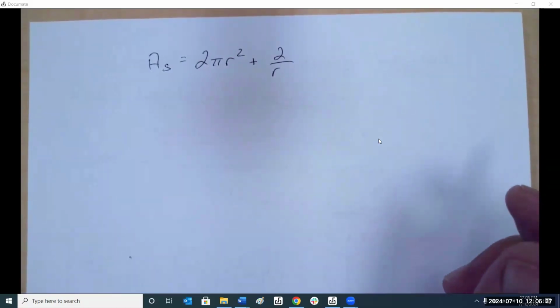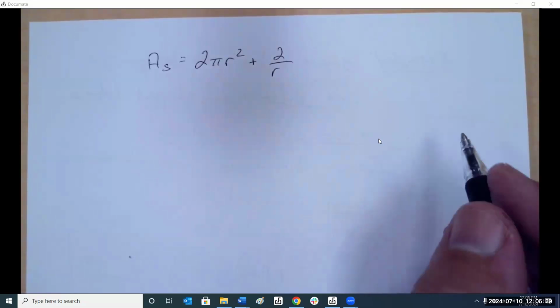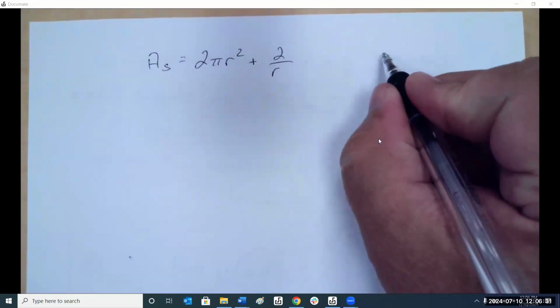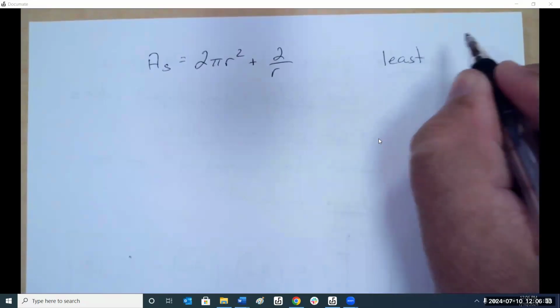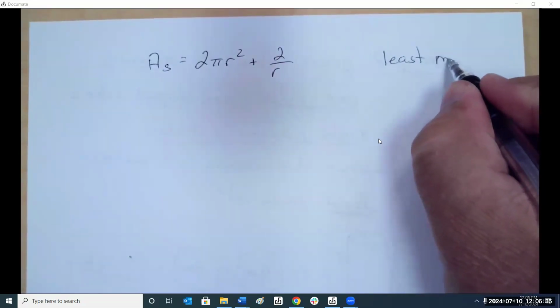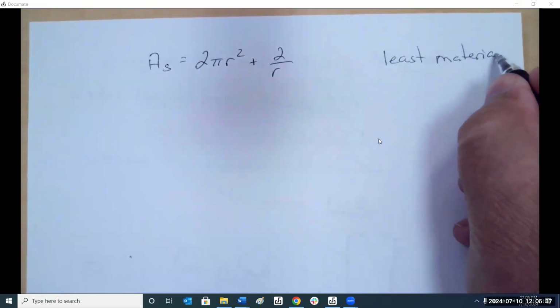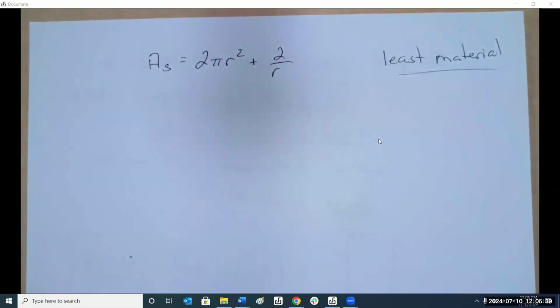What are we looking for? The least amount of material. It's an extrema, a maximum or minimum. So how do we find extremas?